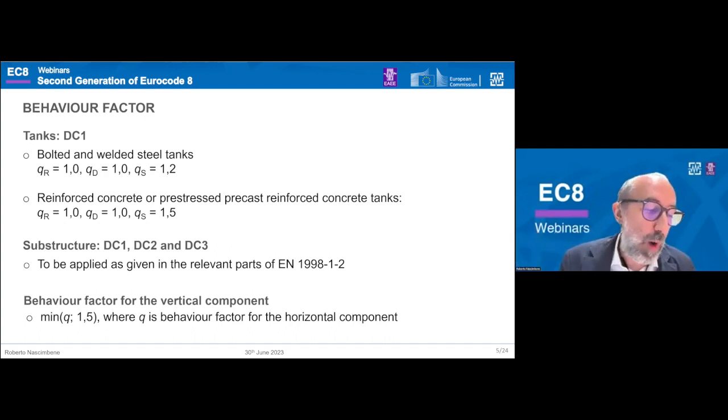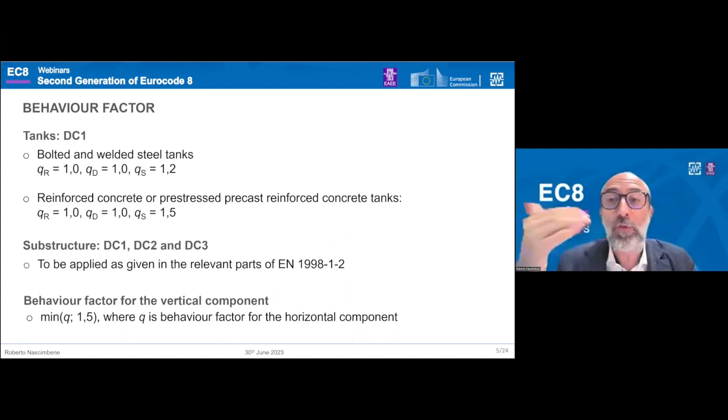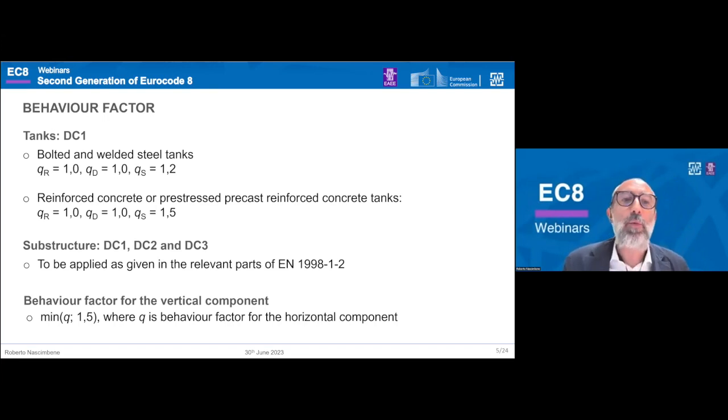the fact that QR is the behavior factor component accounting for overstrength due to the redistribution of the seismic action. QD is the behavior factor component accounting for deformation capacity and energy dissipation. But for us, QS is the behavior factor for overstrength due to other sources: 1.2 for welded and bolted steel tank, 1.5 for concrete.